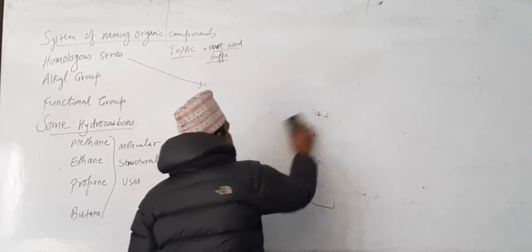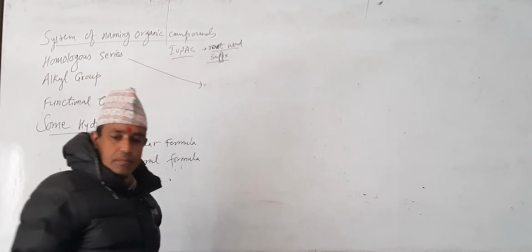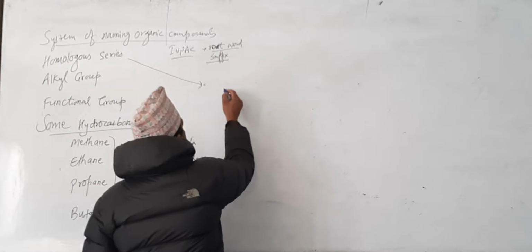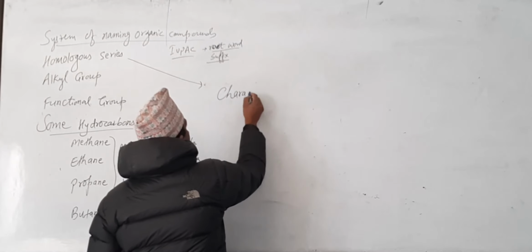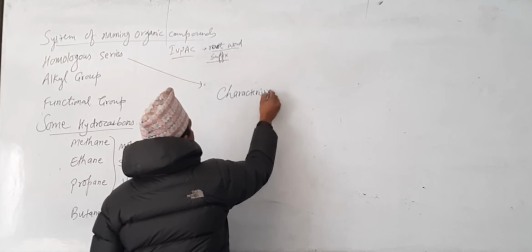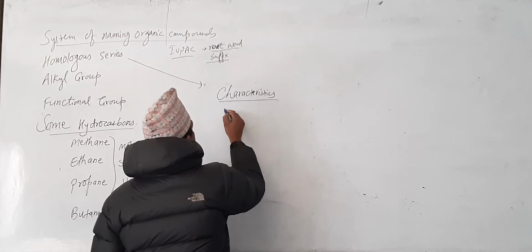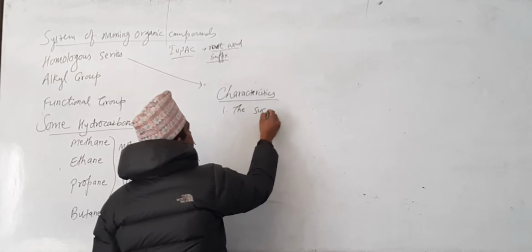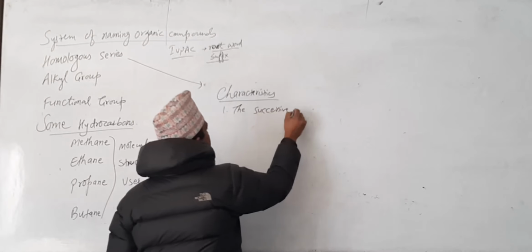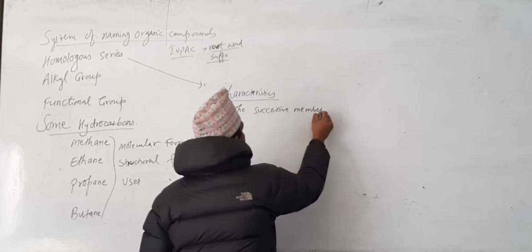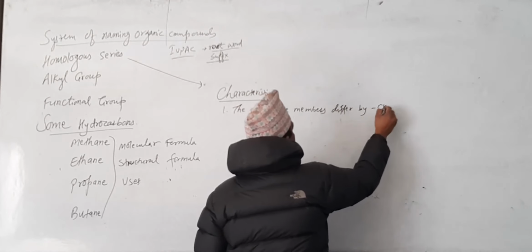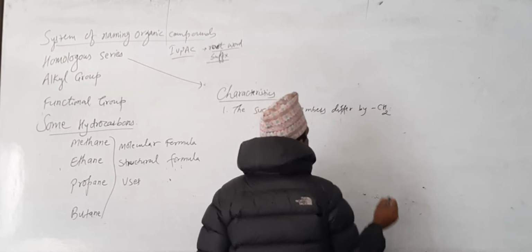Could you remember the characteristics of homologous series? What are they? Characteristics, write down. Number 1, the successive members differ by CH2.